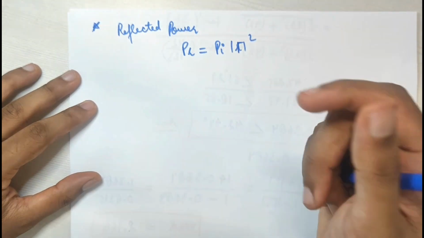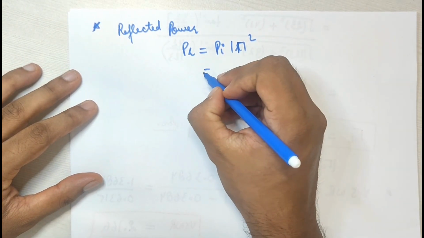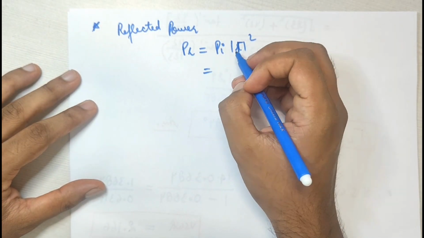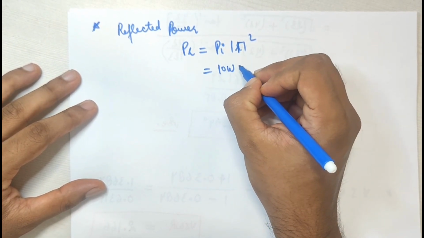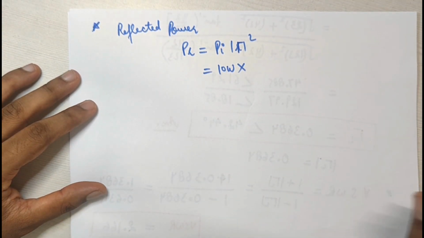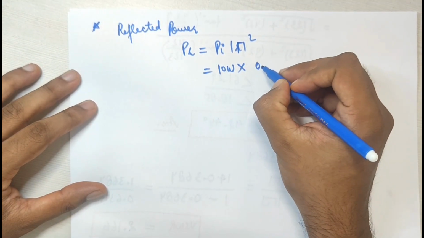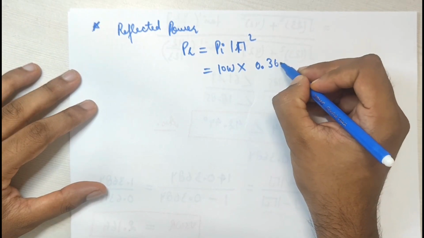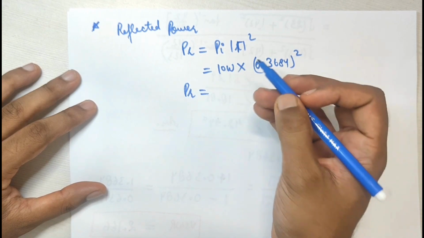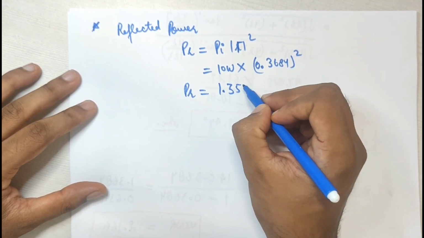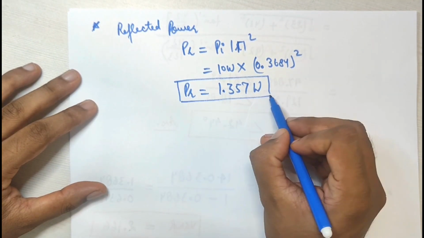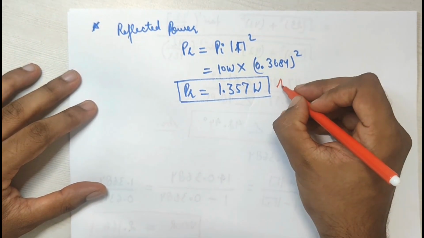We already know the value of incident power, that is given in the question, 10 watt, into the value of the reflection coefficient we have just calculated, 0.3684 whole square. PR, after calculating, will be 1.357 watt. We got another answer.